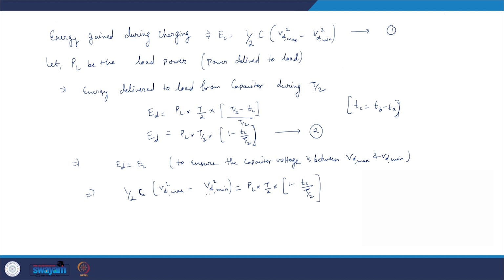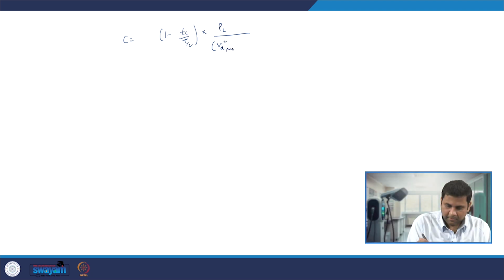In order to calculate the C value, let us rearrange this expression to obtain C equals 1 minus TC by T by 2 multiplied by PL by VD max square minus VD min square times T.